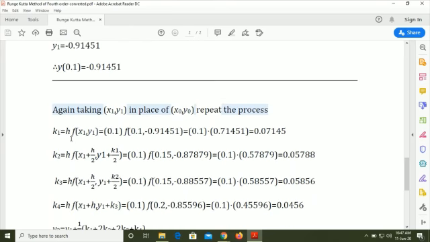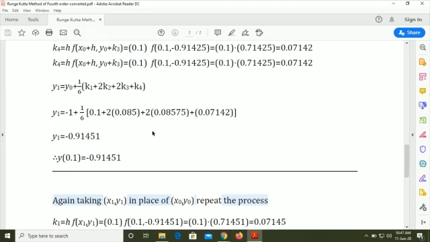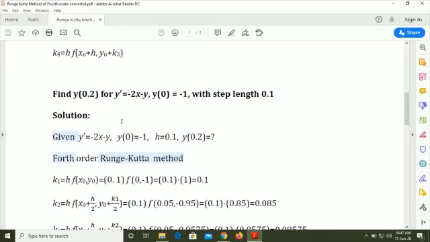get k1 equal to h into f of x1 y1, that is 0.1 into, h is always 0.1, into f of x1, which is also 0.1, comma y1, which is minus 0.91451. We have to substitute this x and y in f of xy.